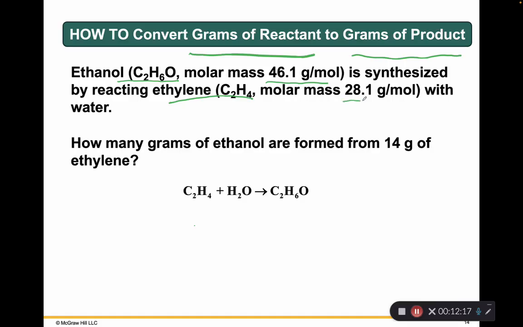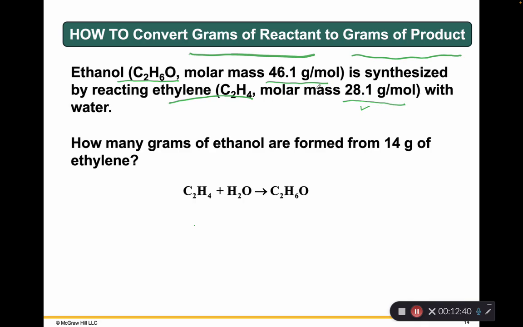Its molar mass is given. If the molar mass is not given in the question, we can use the periodic table to find the atomic weights of each element, multiply them by the subscripts and add all the atomic weights to get the molecular weight. We can do that if the question does not give it to us.